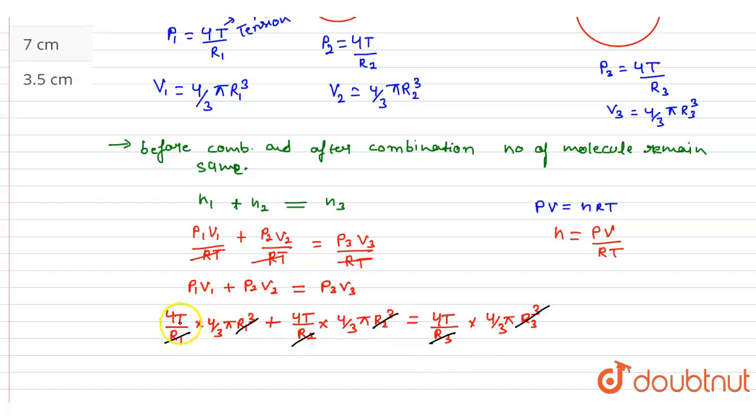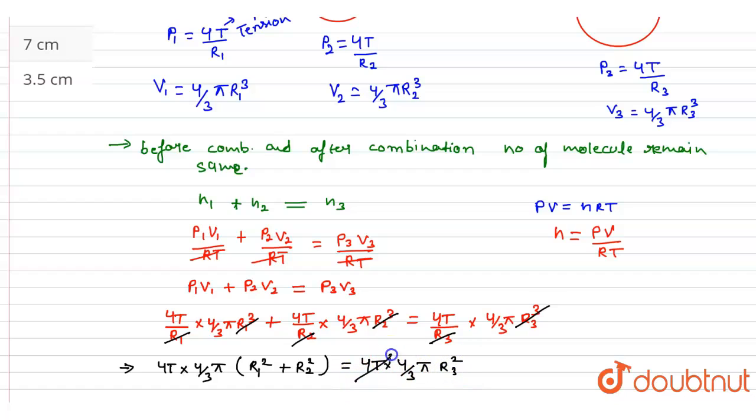And here by simplifying, taking 4T into 4 by 3 pi common, we have R1 square plus R2 square is equal to 4T into 4 by 3 pi R3 square.